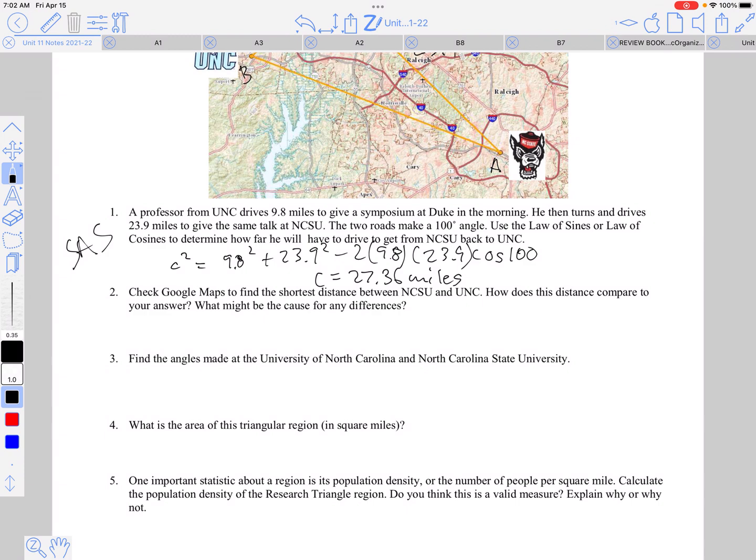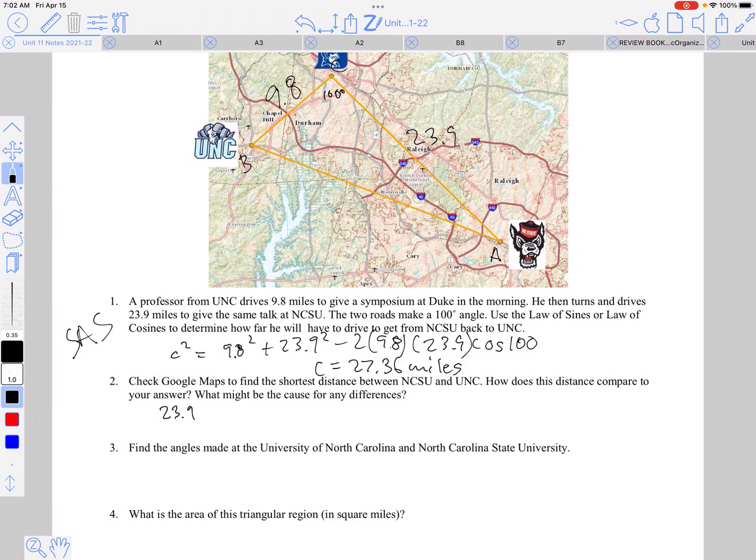Alright, 2 is just for fun. If you check on Google Maps, hey Google, navigate from NCSU to UNC, it'll tell you that it's actually 23.9, not because we did our math wrong, but because I got the original distances by finding their driving distance, since obviously I couldn't go over there and measure that.